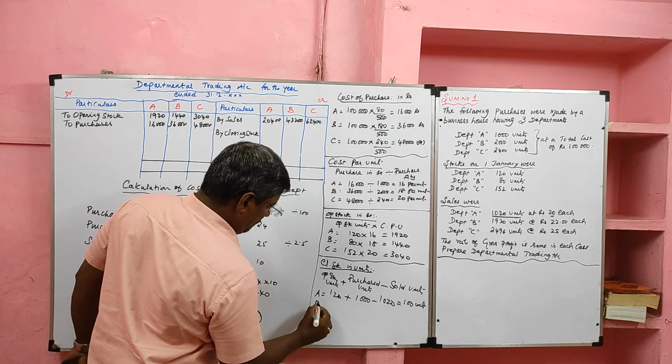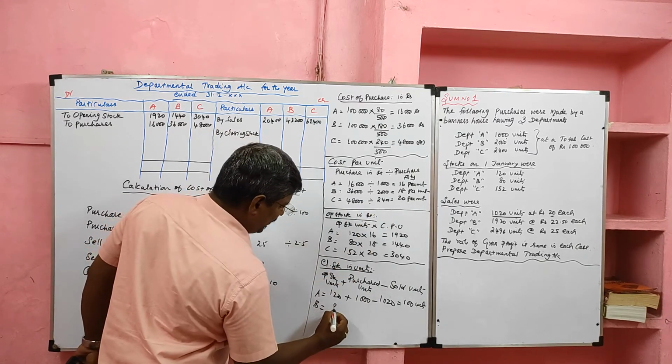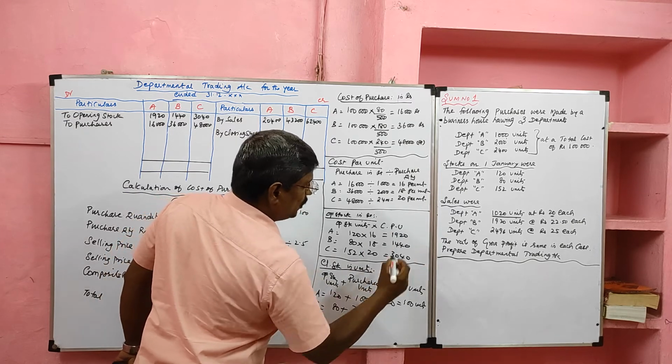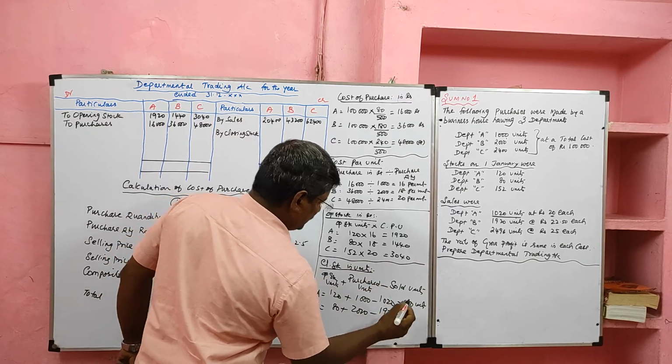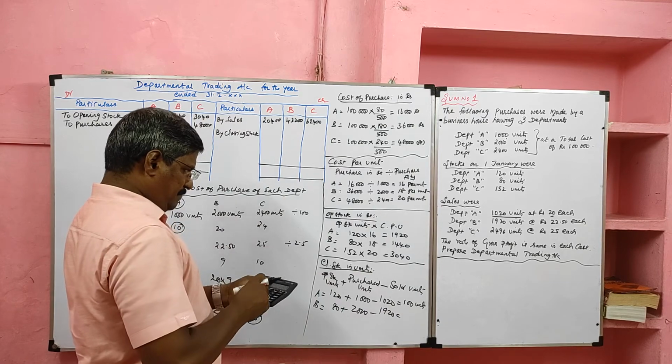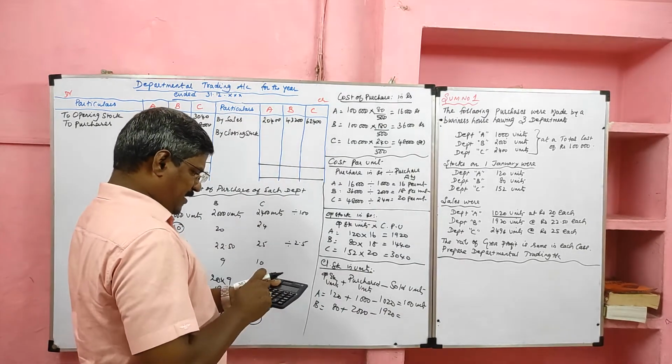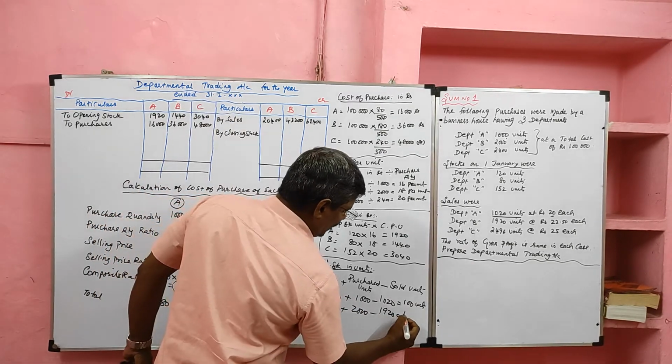Then for B, opening stock 80 units, they purchased 2000 units, they sold 1920 units. So 80 plus 2000 minus 1920, so the closing stock they had 160.